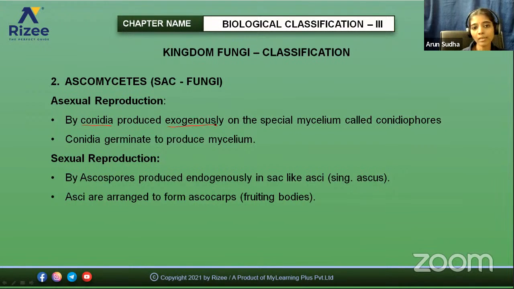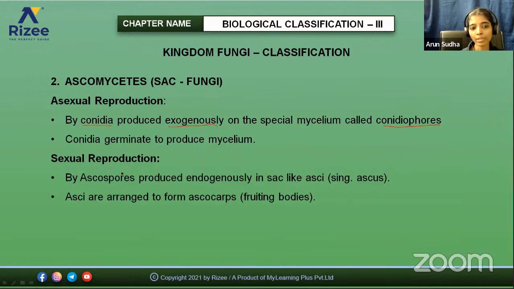The sporangiospores are produced endogenously, but conidia are produced exogenously on a special mycelium called conidiophores. I hope you are clear, because we already saw all these terms. So conidia germinate to produce mycelium. So this is the asexual reproduction in the case of Ascomycetes.